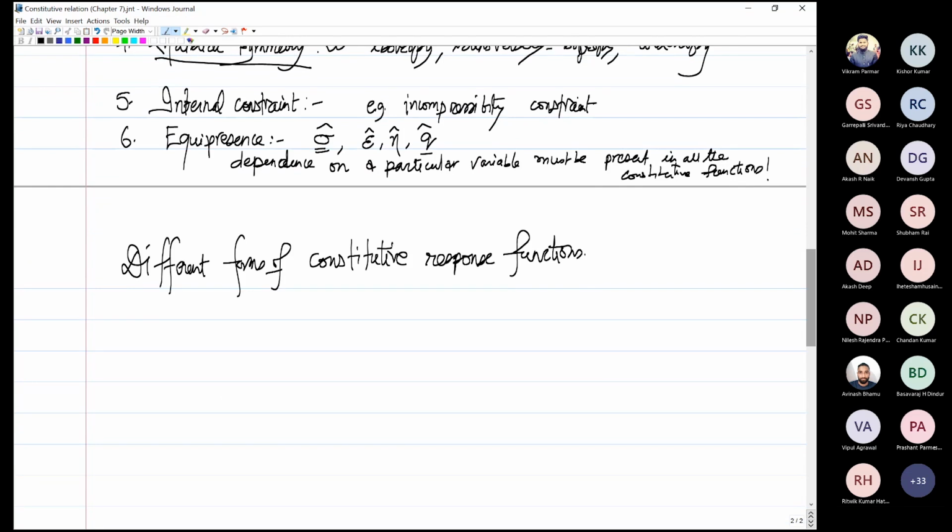So there can be a constitutive response which depends on only the current state of the material or current state of the body.